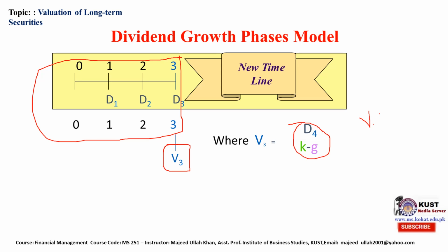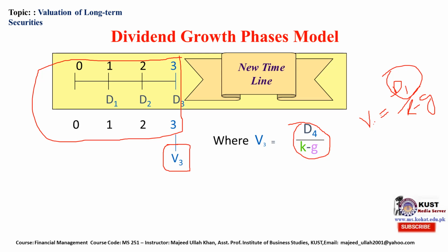V at time 0 is equal to D1 divided by K minus G. But we will replace in this formula this D1 with D4, because we are going to calculate the value at the end of year 3.